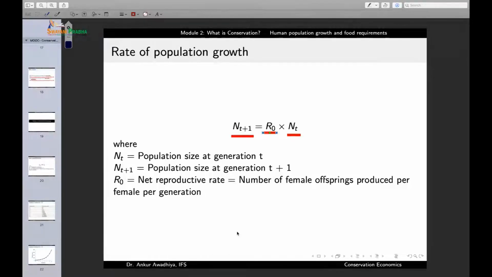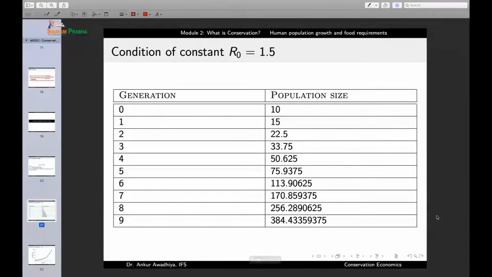N at time t plus 1 is equal to R naught into N at time t, which is the geometric progression. Now, if we take any constant R naught, say R naught of 1.5, we'll find that the population increases and the rate of increase increases with every generation.